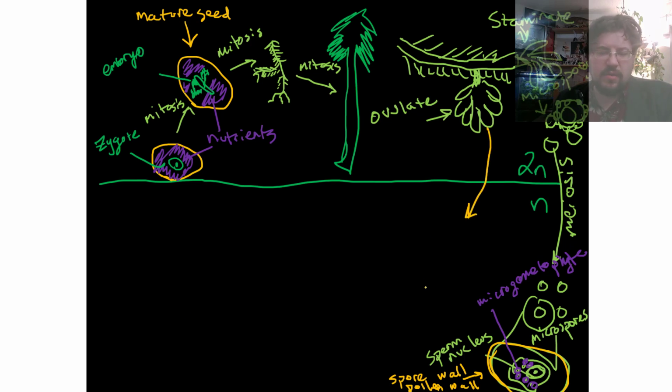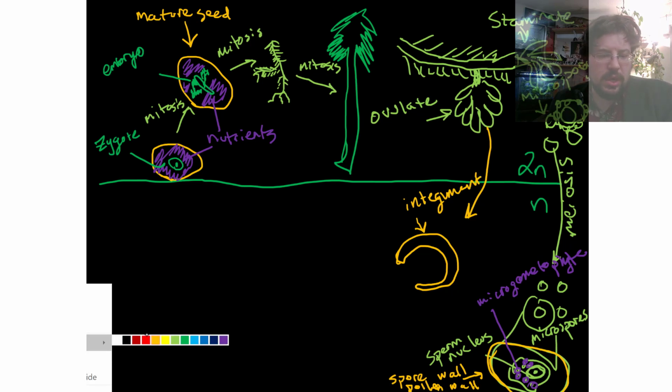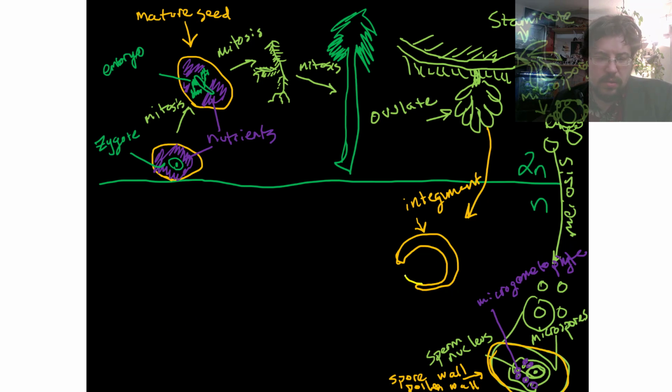Alright, now, inside the ovulate cone, we have our layer of integument. Is not complete. Alright, here is our nice megasporangium.